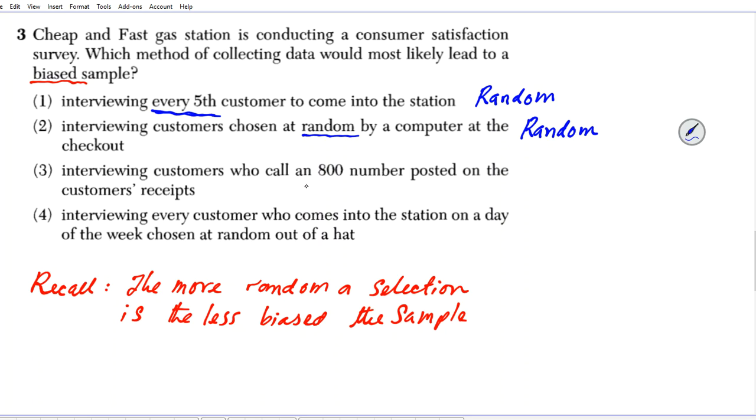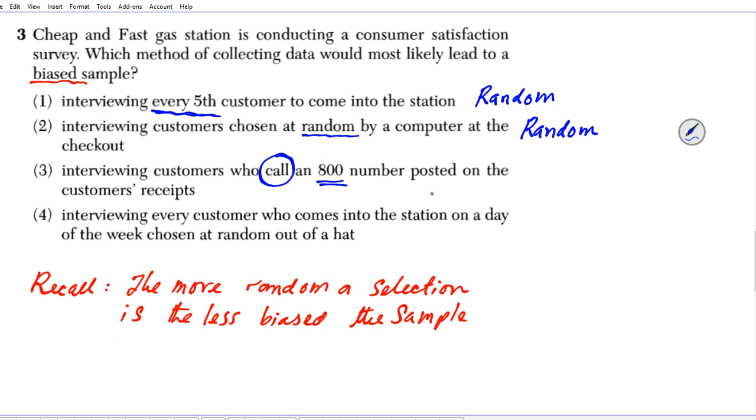Option 3, interviewing customers who call an 800 number posted on the customer receipts. Think about this for a second. When customers call, are they randomly deciding to call, or is there a specific reason? There has to be a reason why they're calling. It could be that they are dissatisfied for some reason.